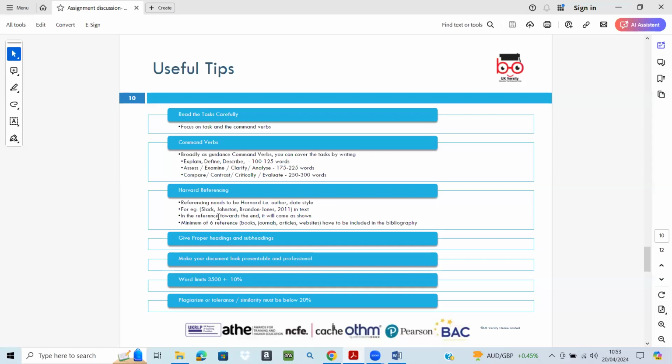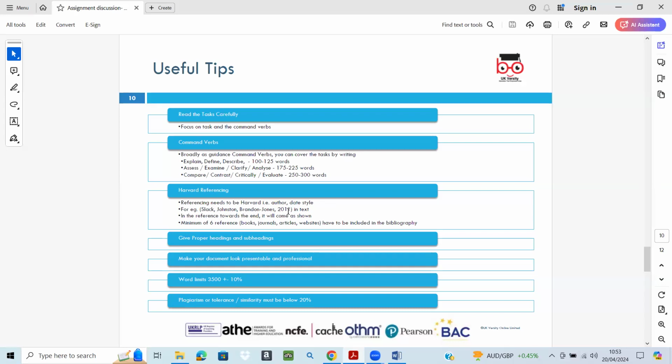So here we have the names, and as we have three people's names here, in in-text citation, if we have up to three authors, then we will write their names. And for example, if we have four or more, then we will use et al. So for example, here in the example, we have three people.